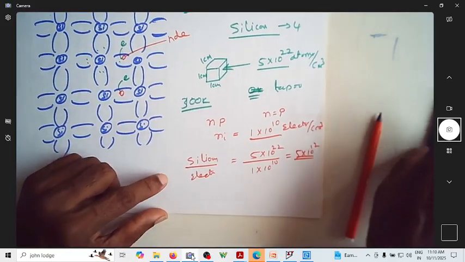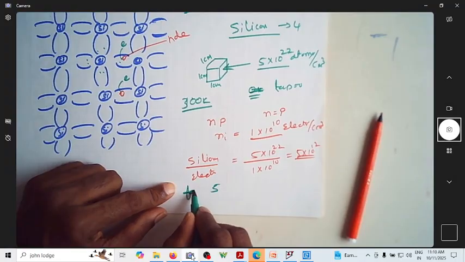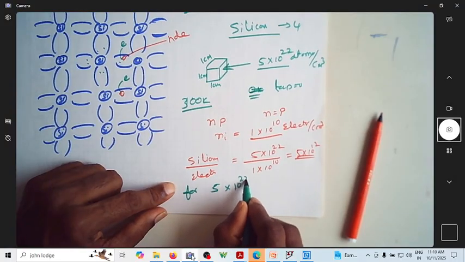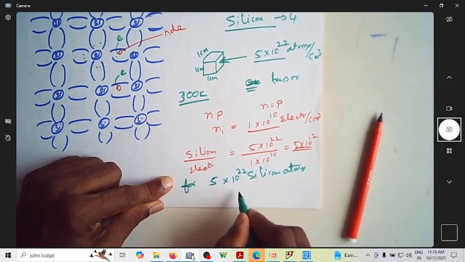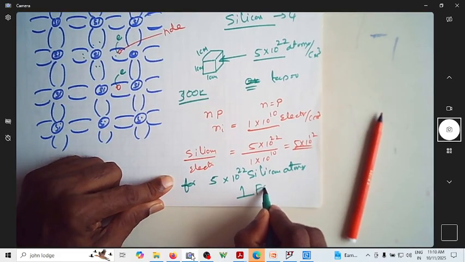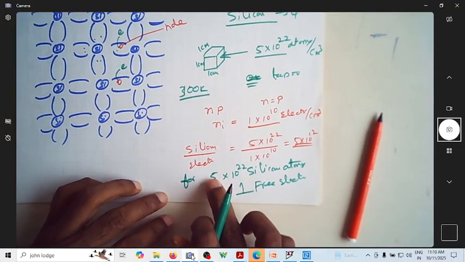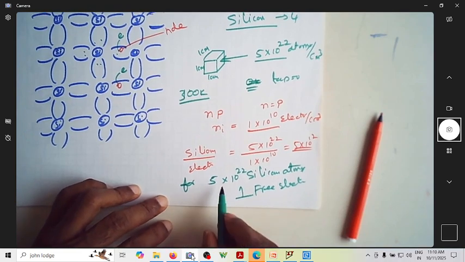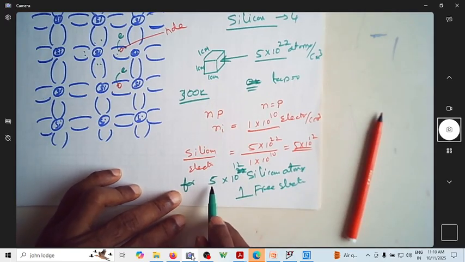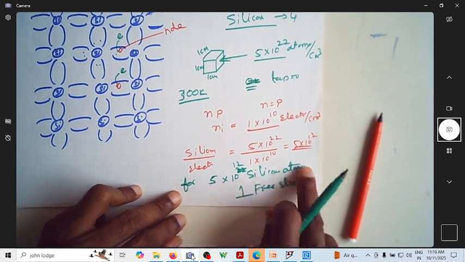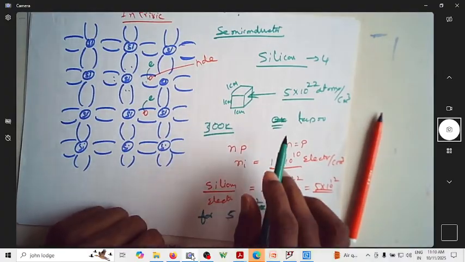So what is the meaning of this? Meaning of this is, for every 5 into 10 power 12 silicon atoms, I have only one free electron. Sorry, this is not 22, this is 12. There is only one free electron, meaning that this is a very small number. So what is the volume we are considering?